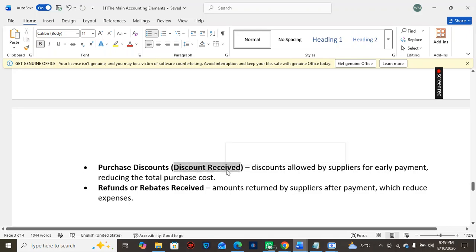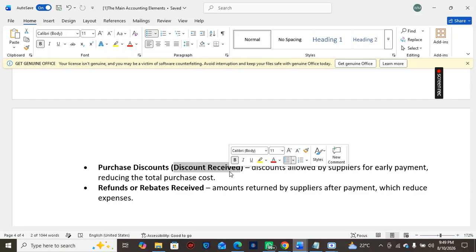Then discount received, purchase discounts. When you hear the word discount received, you can treat it as a contra expense because remember discounts reduce the purchases expense. But you can also take it as income because that discount that you've got, you have saved some money. So that saved money is treated also as income.